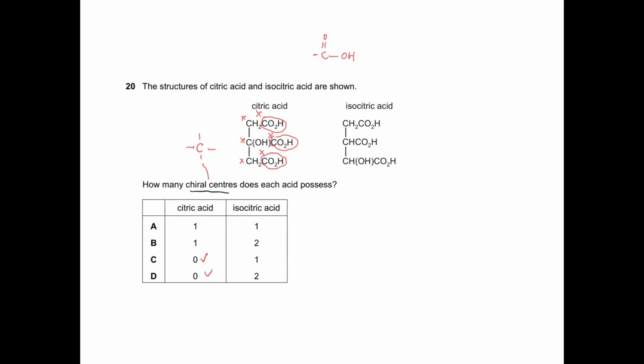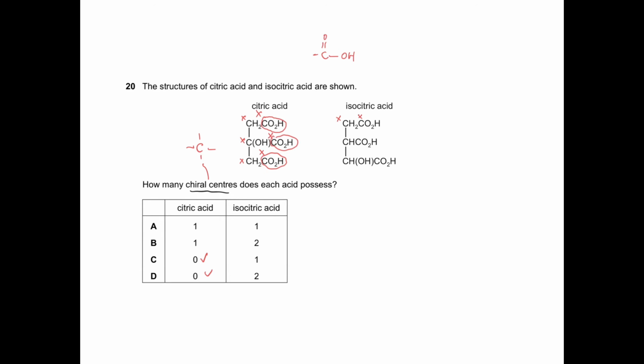Now let us look at isocitric acid. So this carbon is not a chiral carbon because it has 2 hydrogens. The CO2H beside it, CO2H, disqualified. As I said, it has a double bond, and hence it links to 3 different groups instead of 4.